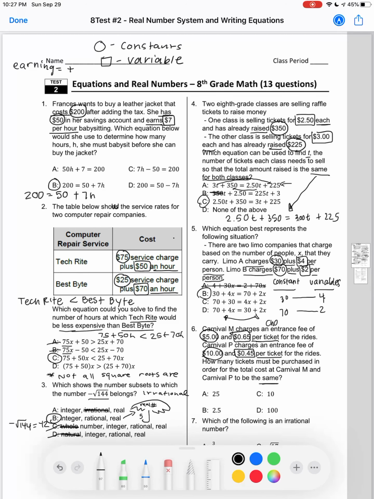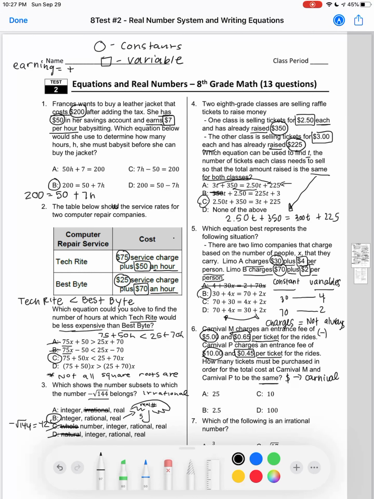Again, charges doesn't always mean negative. So in this case, how many tickets must be purchased for the total cost to be the same? We're talking about the money that's going to the carnival.